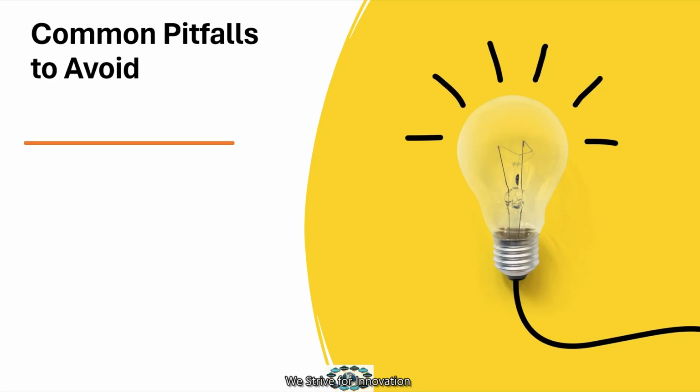In every tool, there is always a pitfall, and that's normal, and we all understand that. So let's see how to avoid them. First, grouping ideas too broadly or narrowly.